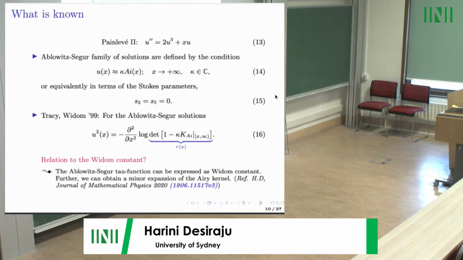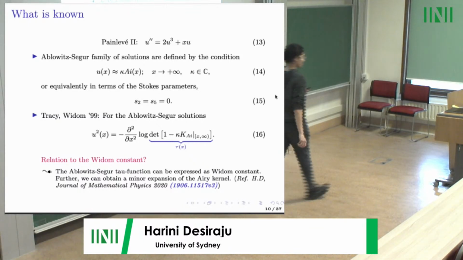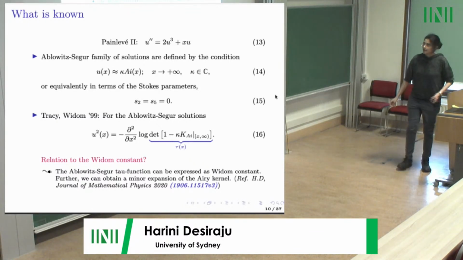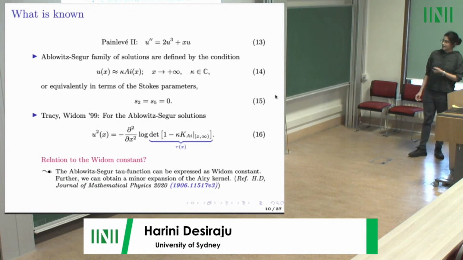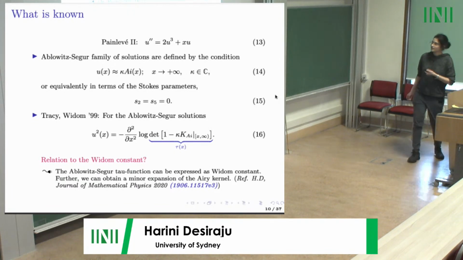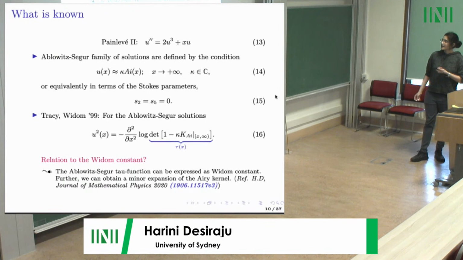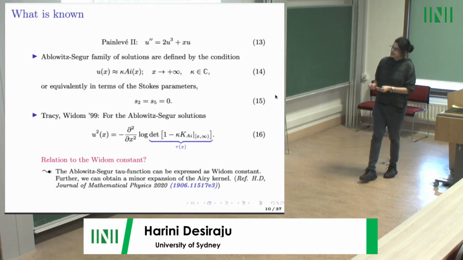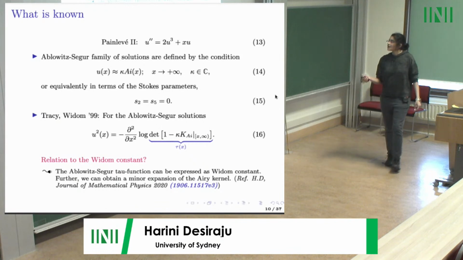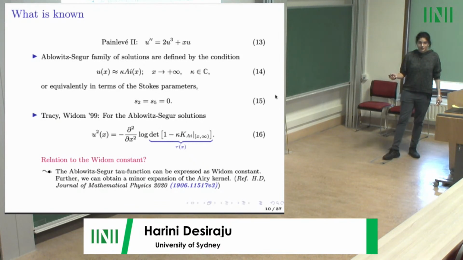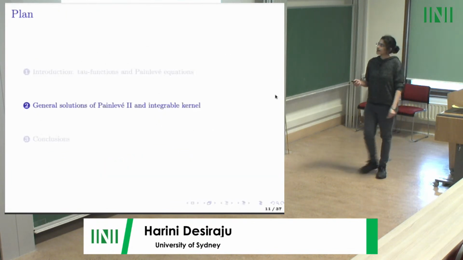This has the form of an IIKS kernel. And I'll define this kernel in a minute. And it will also play a very prominent role in the rest of the story. Any kernel is an IIKS kernel, or an integrable kernel, that has the following form. And this is in itself a tau function. There is also a slight side note, which is that you can write this in terms of Toeplitz operators on a real axis, and that was shown by me in this paper.